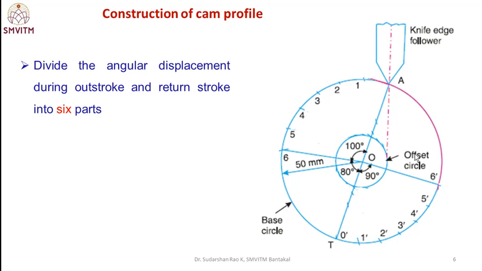Then divide the angular displacement of the ascending and descending into 6 equal parts, that is 100 degrees divided into 6 parts and 90 degrees descending into 6 parts. Then mark the points 1 to 6 and 0 dash to 6 dash, the outstroke and return stroke into 6 divisions.